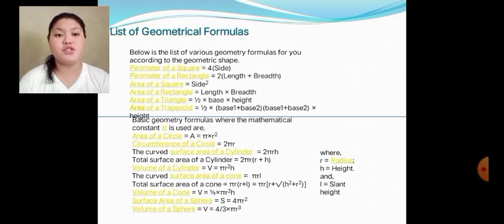The area of a triangle is 1/2 times base times height. The area of a trapezoid is 1/2 times (base 1 plus base 2) times the height. The area of a circle is pi times r squared. The circumference of a circle is 2 pi r, where r is the radius and h is the height.